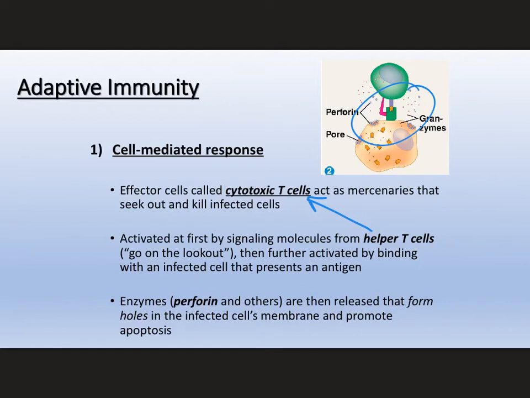These cytotoxic T cells, which is what this would be right here, so cyto T. They can bind with the pathogen, or, what we're seeing here in this picture, they're binding with a body cell that is infected. All right, and so what they do is they release enzymes that can poke holes in the cell. Basically, they cause the breakdown of an infected cell, and it'll destroy the pathogen in the process. Or they can directly bind with a pathogen, and they can cause it to die as well.